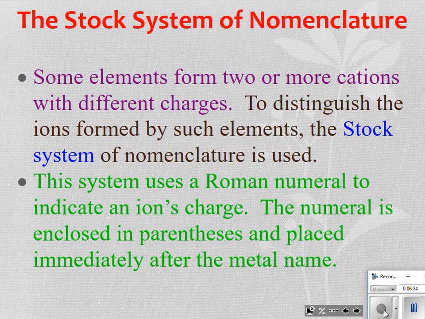But when we're dealing with ionic bonding, with formula units, we do not put a Roman numeral on the anion, only on the cation. So we're going to use Roman numerals to help us distinguish which one of those ions we have.